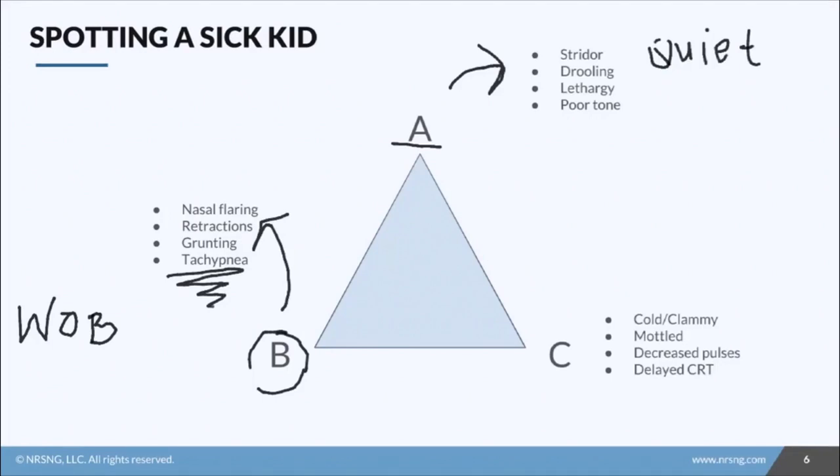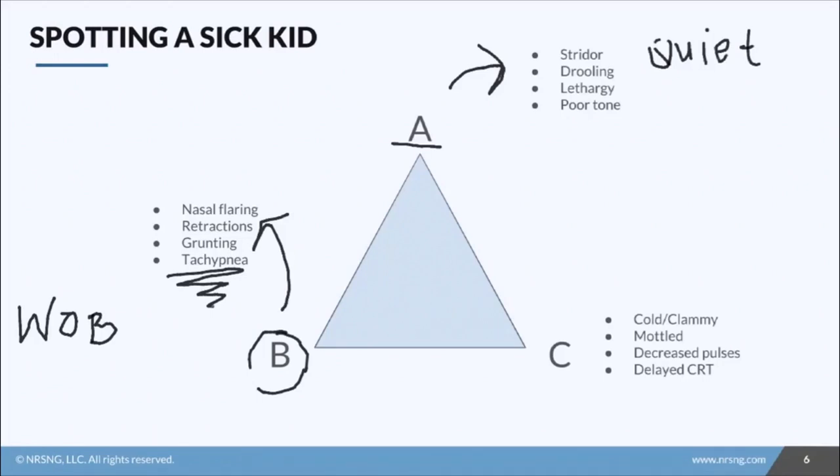So they may have an increased respiratory rate, but everything else looks pretty normal. A lot of times this increase in respiratory rate is your first sign that something is wrong. Remember, earlier we said their lungs are immature until about 2 years. Well, when they're sick, it's much easier for a kid to breathe faster than it is for them to breathe more deeply to compensate. So pay close attention if you see that respiratory rate creeping up.